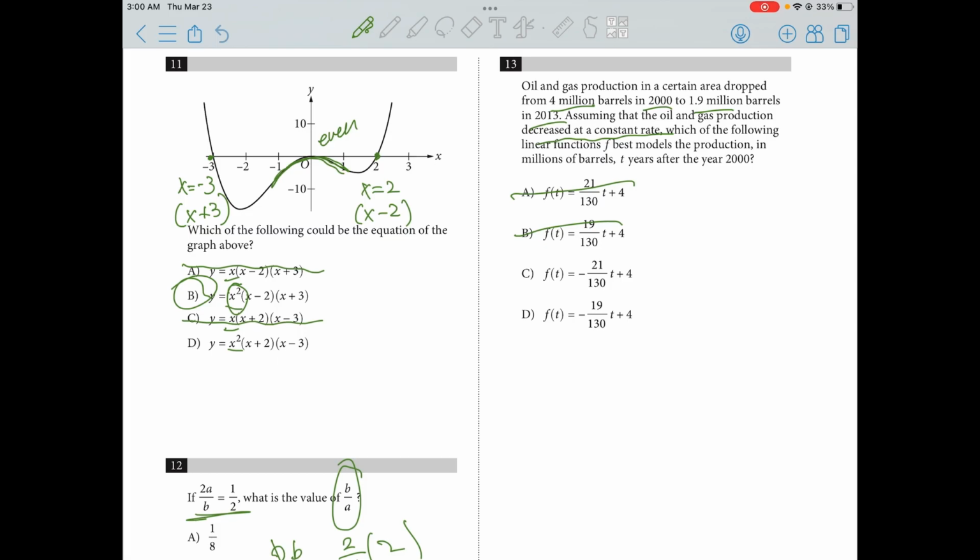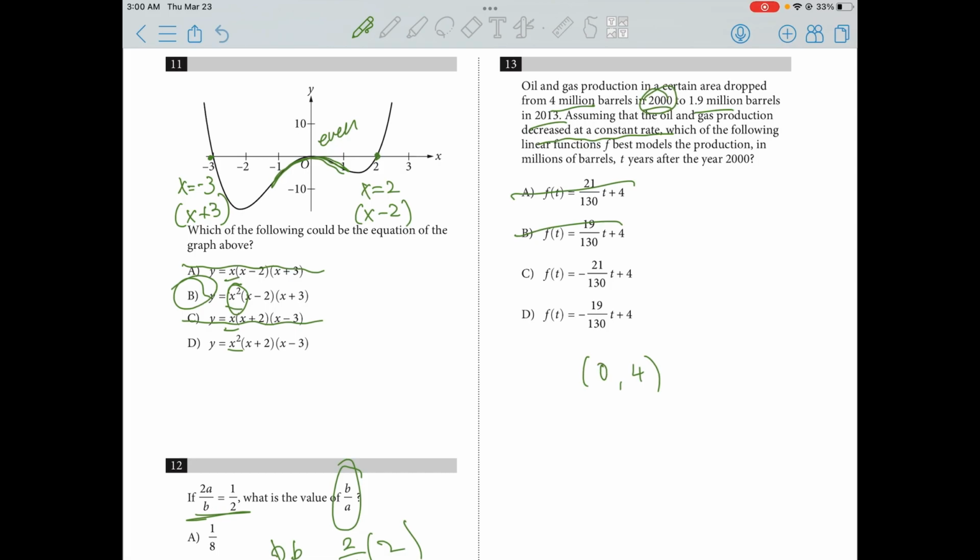Okay, since we know that they have 4 as the y-intercept, so 4 has to be here. And the associated year would be 2000.